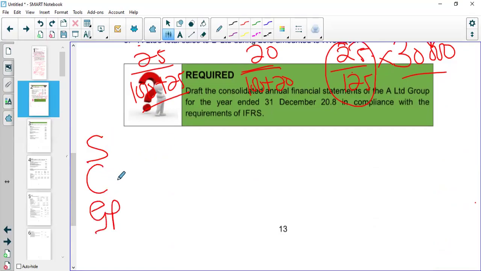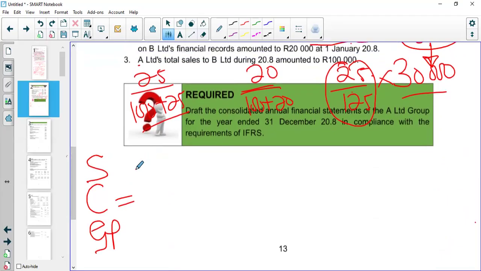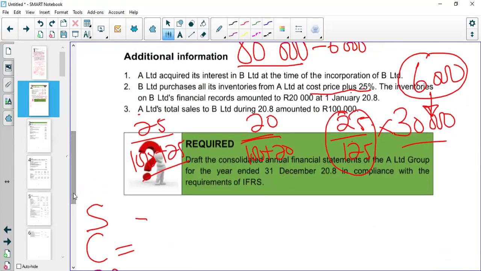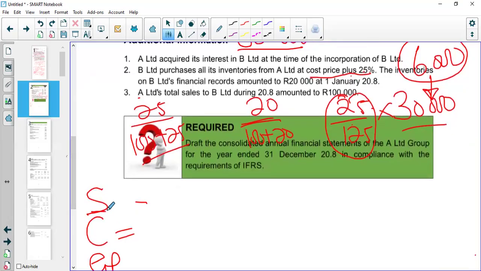When we prepare the entire income statement, during the current year we would have said sales here and minus 6,000, because that's not it. But we don't do that. Instead of subtracting the profit from the sales figure, we add that profit to cost of sales. So it's the same effect.